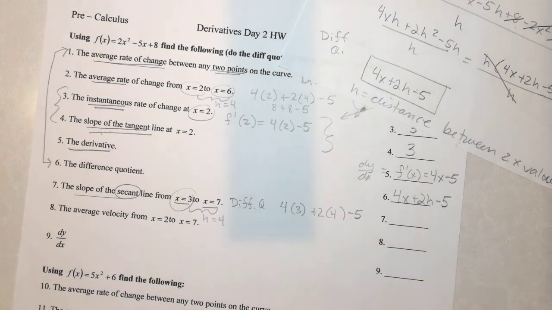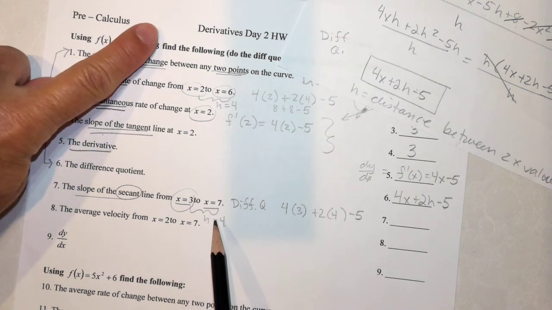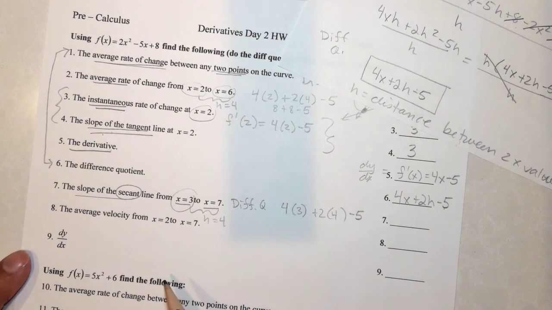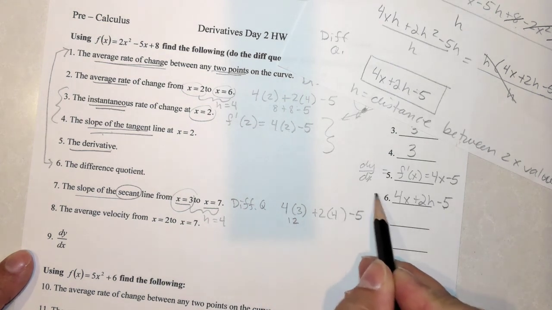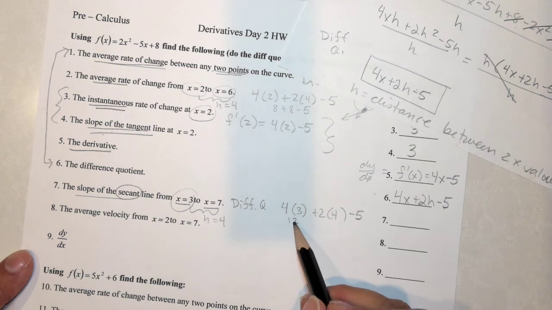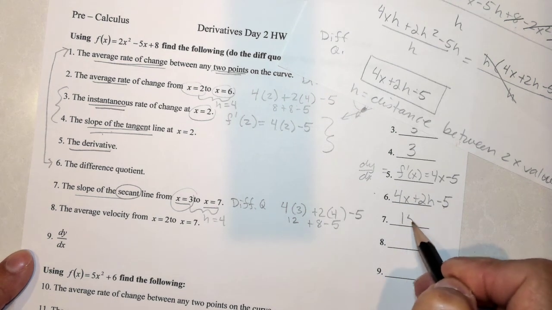So this gives me a way to find the slope without the slope formula, which would make me plug in the 3 to find a y, plug in the 7 to find a y, and then do the slope formula. I'm going around that by using my difference quotient instead. So 12 plus 8 is 20, minus 5, so 15.